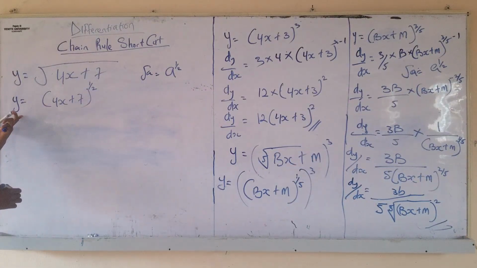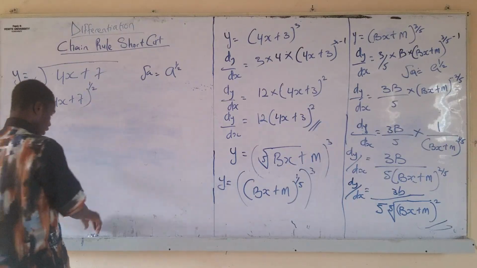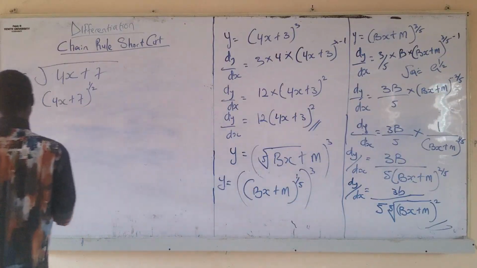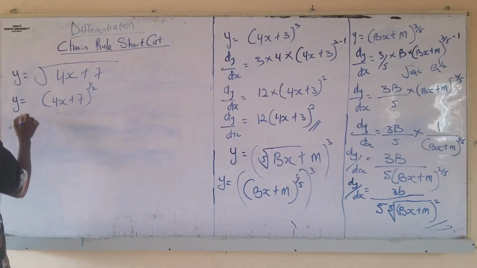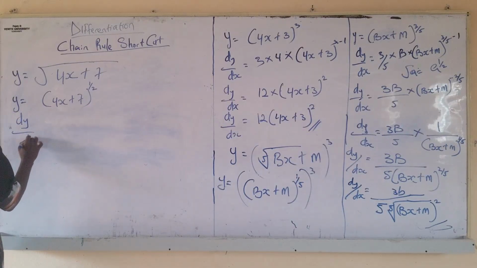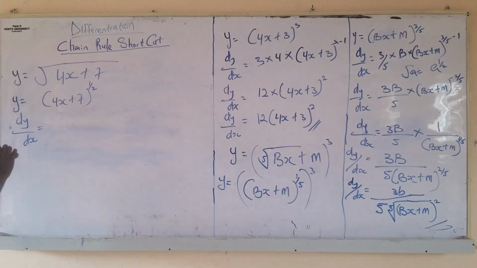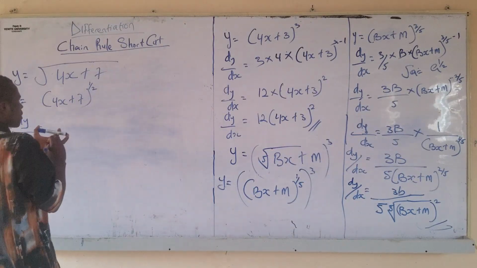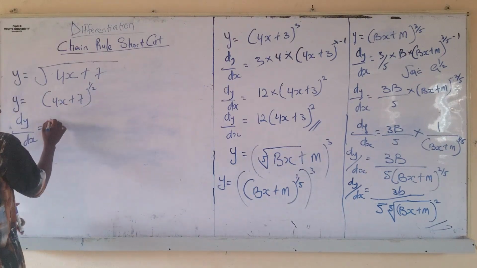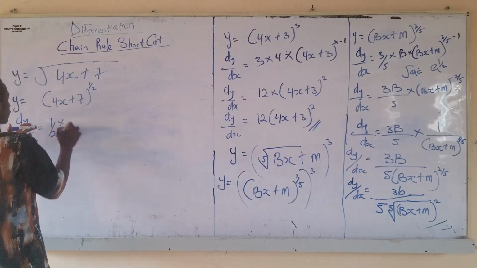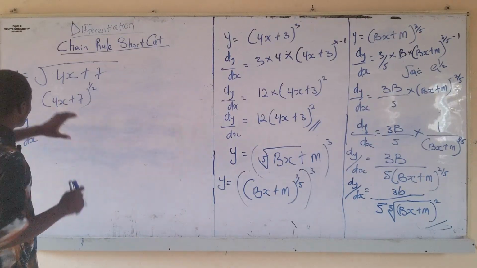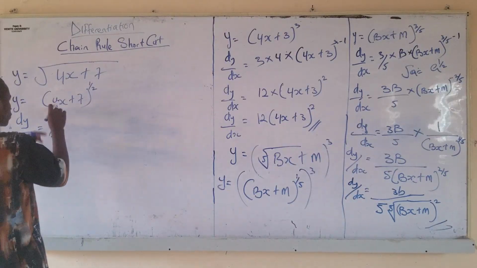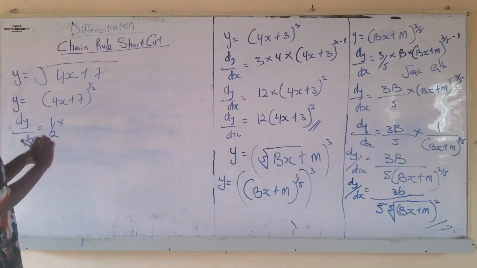Now you can apply our chain rule shortcut. So dy over dx is equal to, the first step says bring down the power, multiply by, then differentiate the expression inside the bracket. That's the second step.